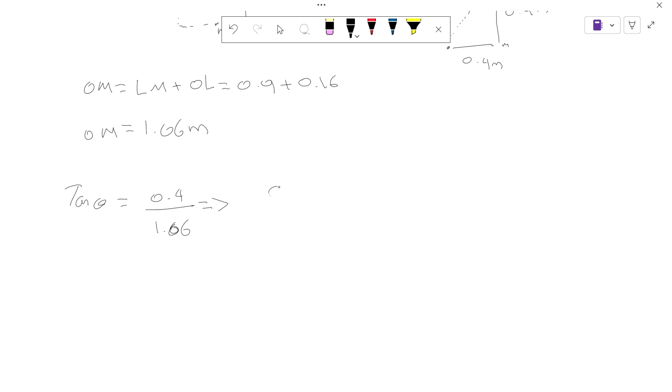Then we're saying that the angle is equal to tangent inverse of 0.4 over 1.06.